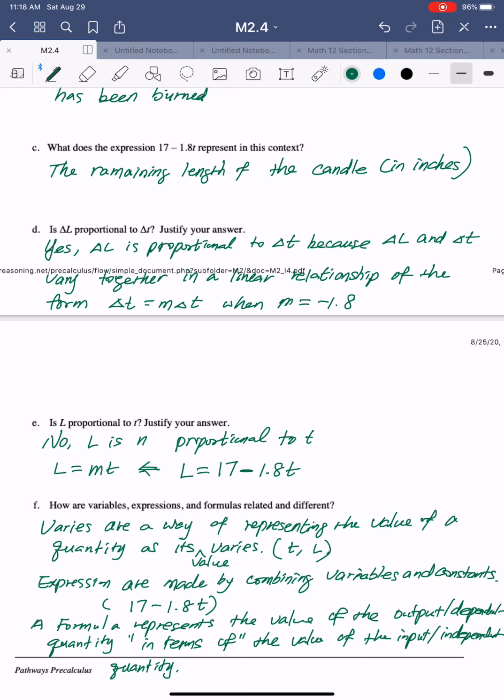Formula means like a full equation. So L equals 17 minus 1.8t. That's the difference, okay?